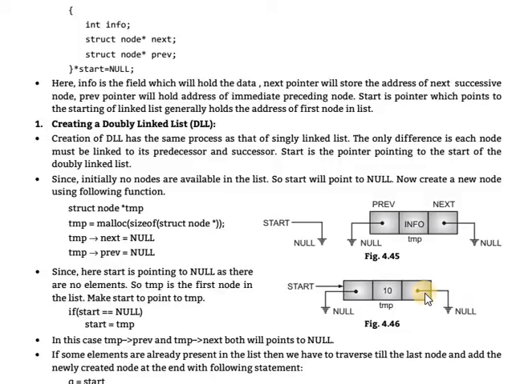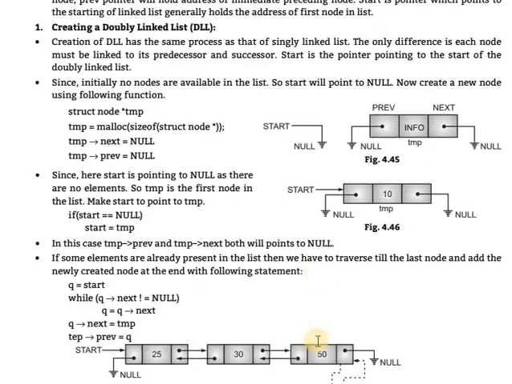We assign the value 10, the next address field as null, and the previous address field also as null. In this case temp previous and temp next both point to null, because it is the first element in the list.